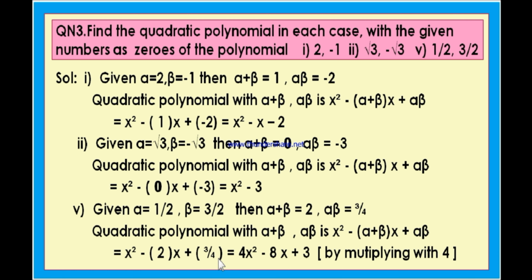Since 4 is there in the denominator, let us multiply all the three terms with 4. Then 4 into x square is 4x square, minus 4 into 2x is 8x, 4 and by 4 will be cancelled, you will get 3. Therefore, the required quadratic polynomial with 1/2 and 3/2 is 4x square minus 8x plus 3.